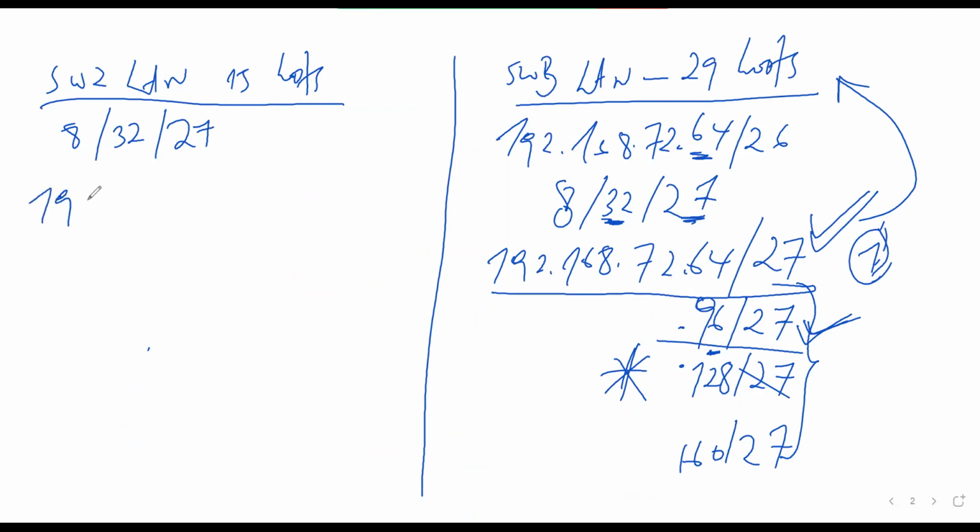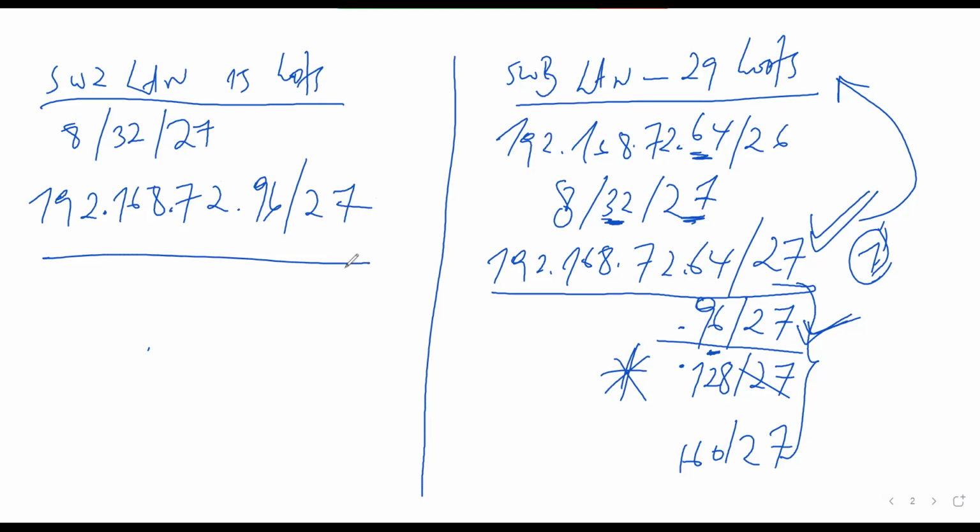So for this subnet, it's 192.168.72.96/27. This becomes our address.